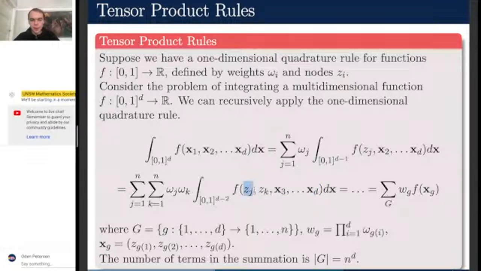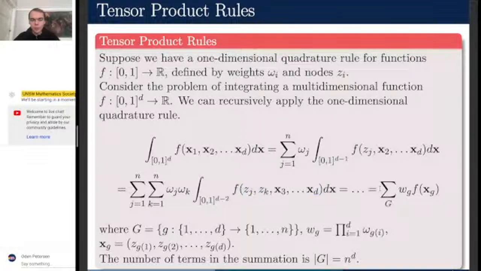When I say fix, I mean each of these variables is going to get replaced by a summation variable, which takes on the values of the nodes at which we're computing our one-dimensional quadrature rule. So we have a bunch of sums, a bunch of weights multiplied together, and then the function value at some d-dimensional node whose elements are nodes of the one-dimensional quadrature.